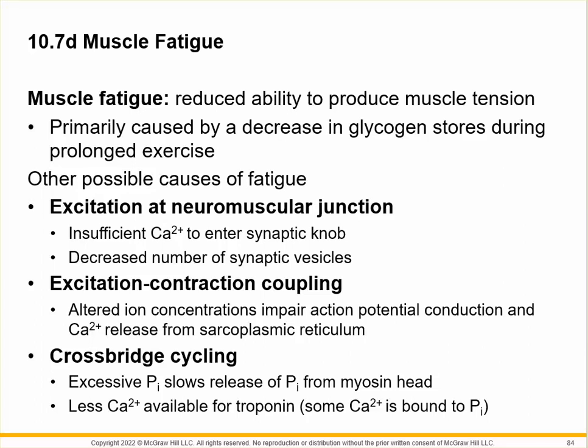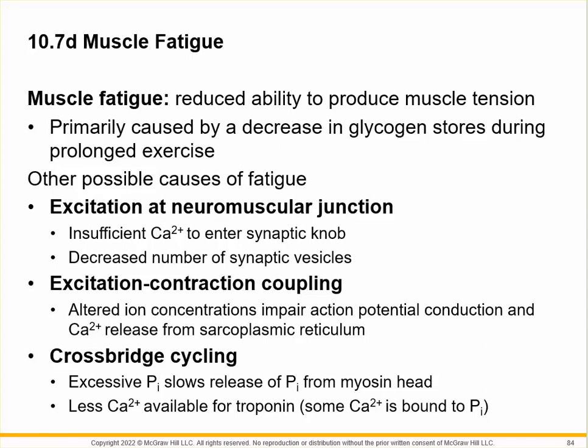And further, if you've been using it a lot, there may not be enough acetylcholine vesicles left at the motor neuron, because the motor neuron has to replenish that stuff, and it takes rest to replenish. So there's a problem with excitation at the neuromuscular junction with not releasing enough acetylcholine, either because not enough calcium or not enough acetylcholine, or both.